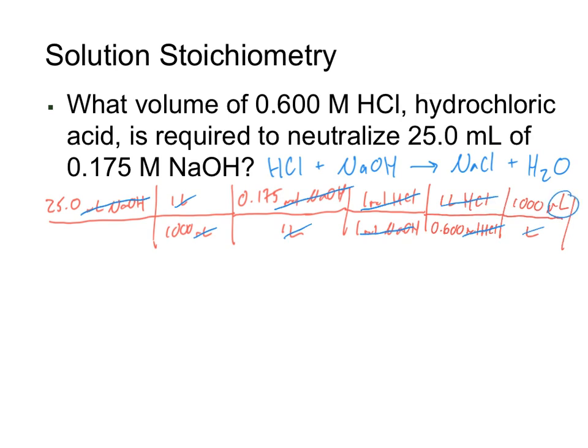And so we perform the calculation, and we find that 7.29 milliliters of our 0.600 molar HCl solution will be necessary in order to neutralize 25 milliliters of 0.175 molar NaOH.